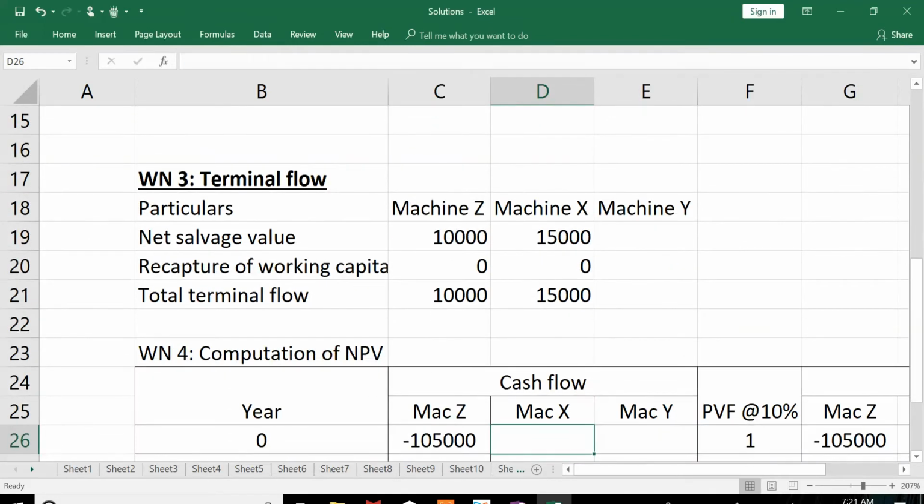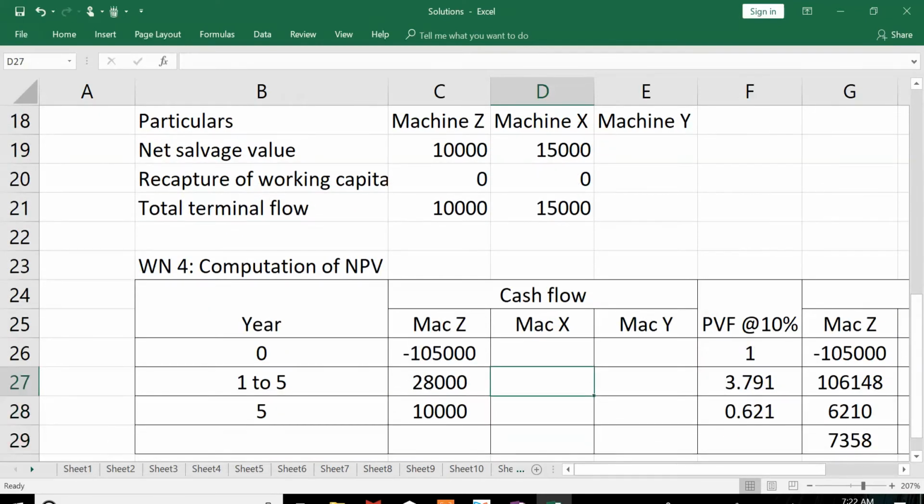Put the values for machine X now. Let me know in case there are doubts.